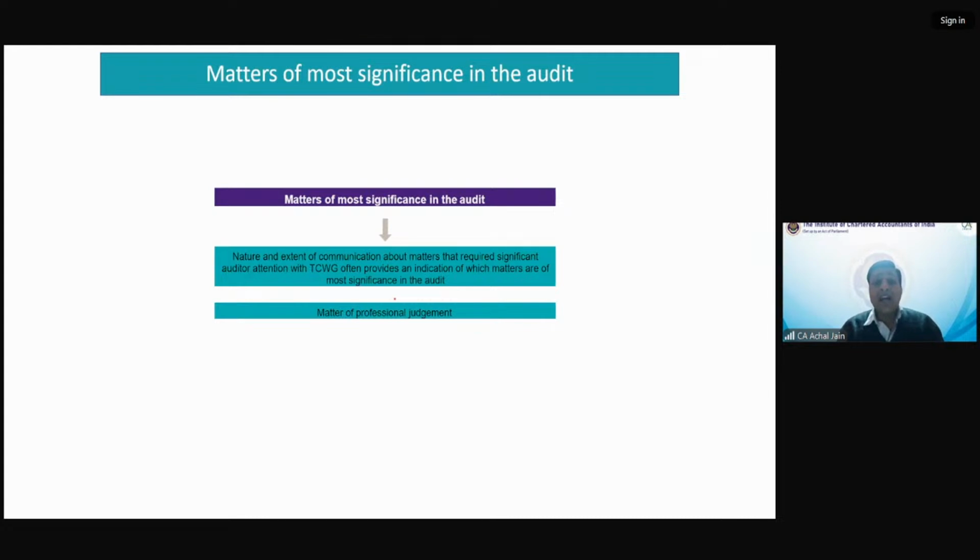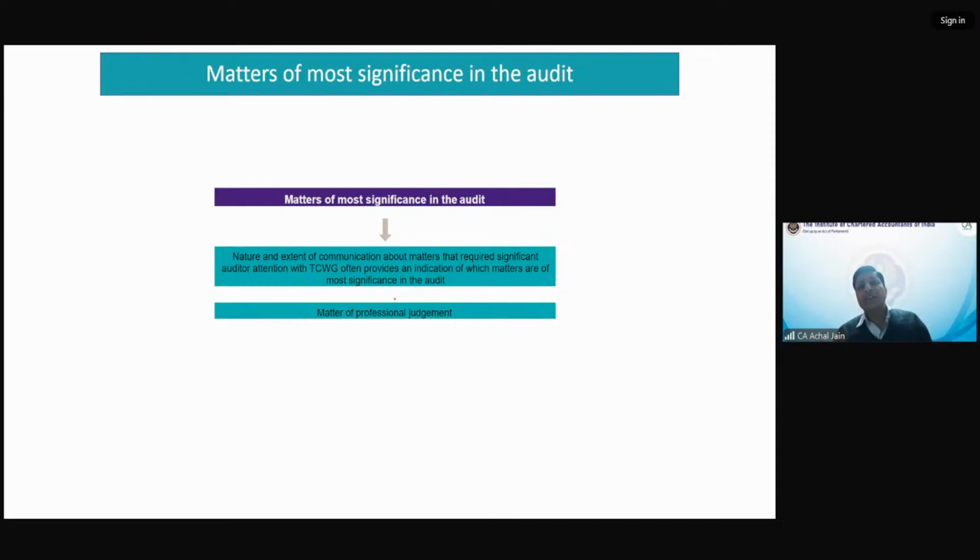Some of the areas could otherwise also meet this criteria. Like, for example, we discussed that during the year, company may have started some new transactions, which may not have been there in the previous years and which is quite complex. And the way that assessment has been done by the management is quite critical.